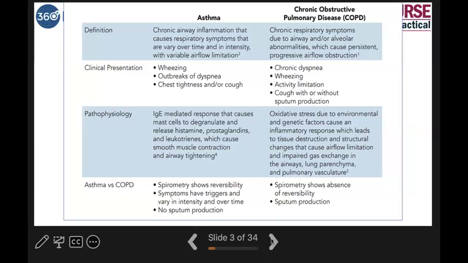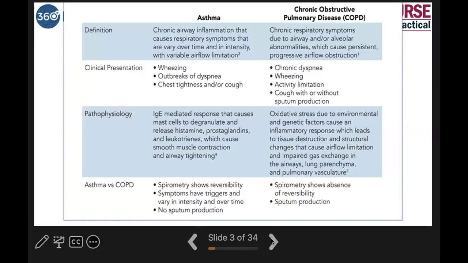Then coming on to the pathophysiology of asthma, it is an IgE-mediated response that causes the mast cells to degranulate and release histamine, prostaglandins, leukotrienes, which could cause smooth muscle contraction and airway tightening.